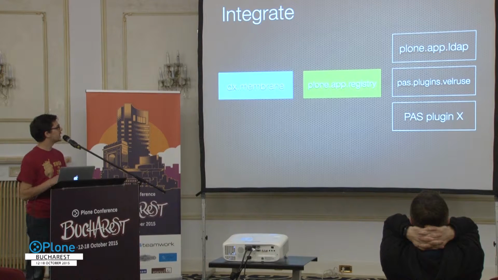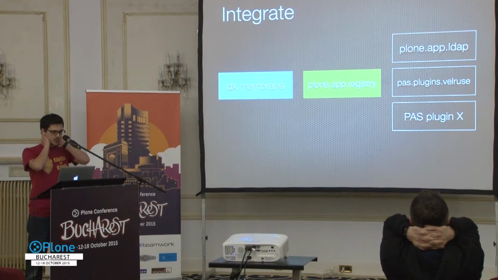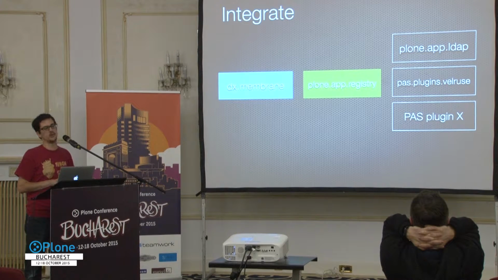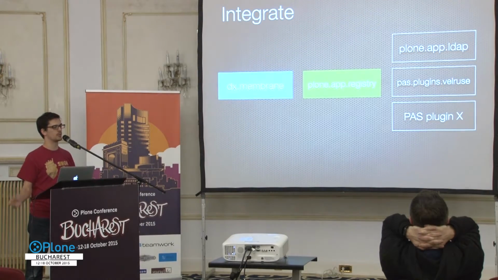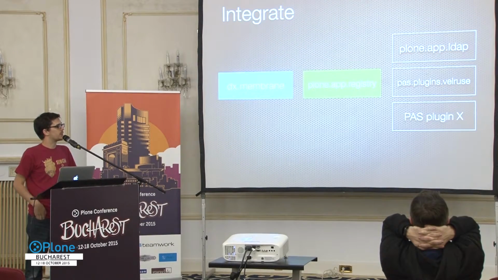Then the final stage is to integrate. If you want your data to come from somewhere else, because your users come from LDAP, out of the box you can get that to work by just installing plone.ldap on your site. But you then need a pretty decent connection to LDAP at all times.